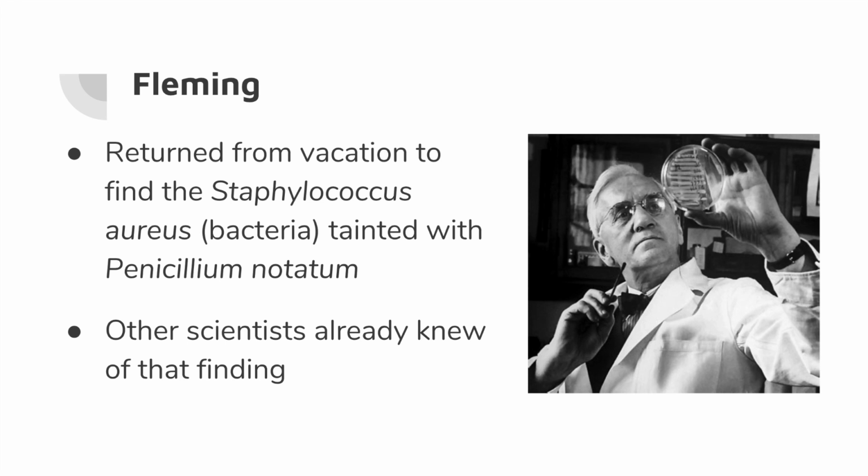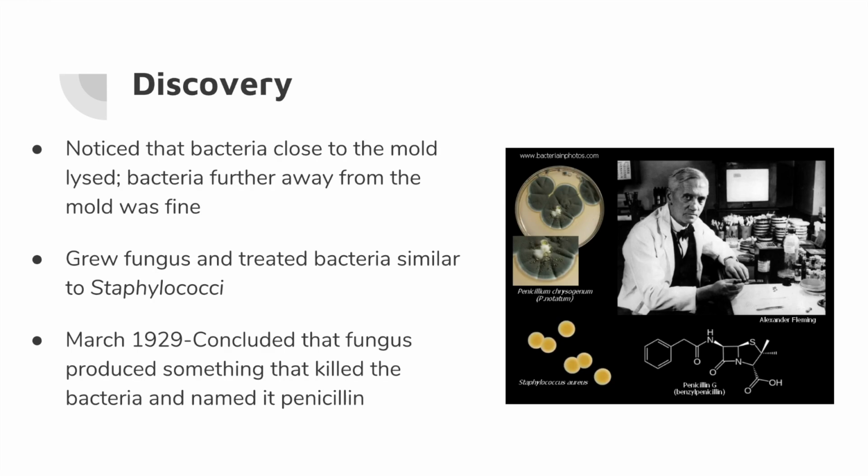Other scientists already knew of that finding, but they did not realize its significance. Fleming noticed that the bacteria close to the mold had lysed, while the bacteria further away from the mold was fine. He then grew fungus and treated bacteria similar to the staph bacteria in order to replicate its effects. In March of 1929, Fleming concluded that fungus produced something that killed the bacteria and named it penicillin.